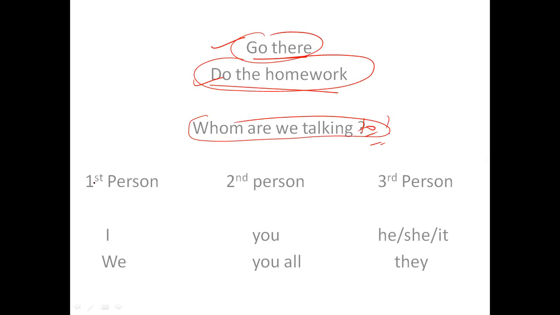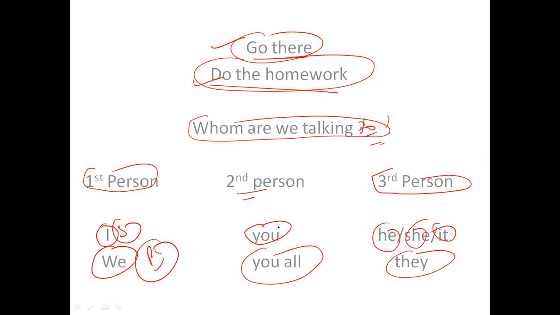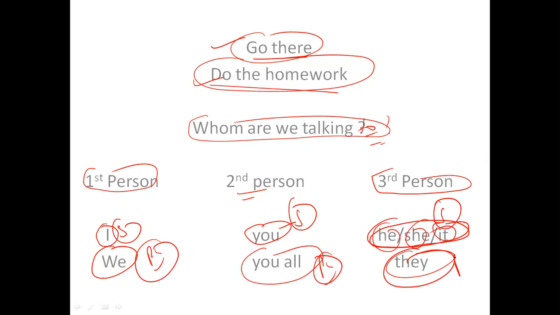Am I talking to first person, that means myself, I, or we? Second person, you or you all? Or third person, which means he, she, it, or they? I is singular, we is plural, you is singular, you all is plural, he, she, and it is singular, and they is plural.